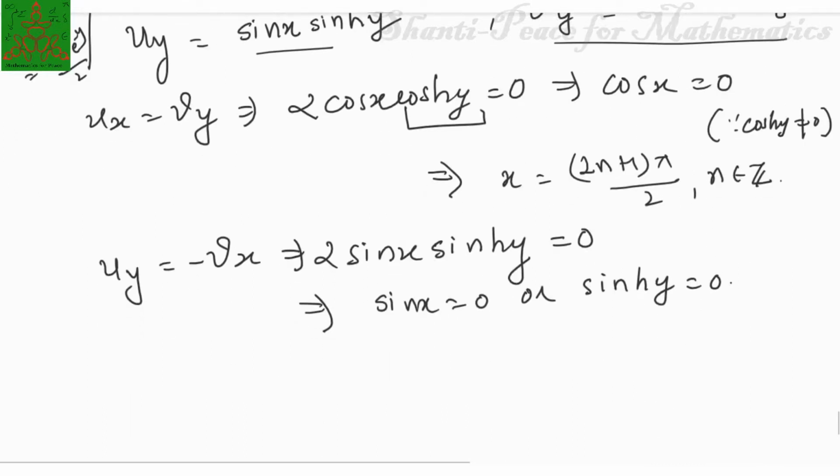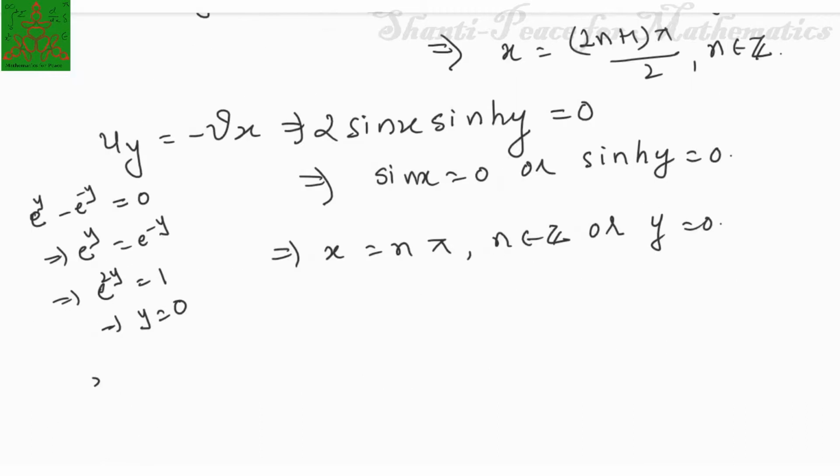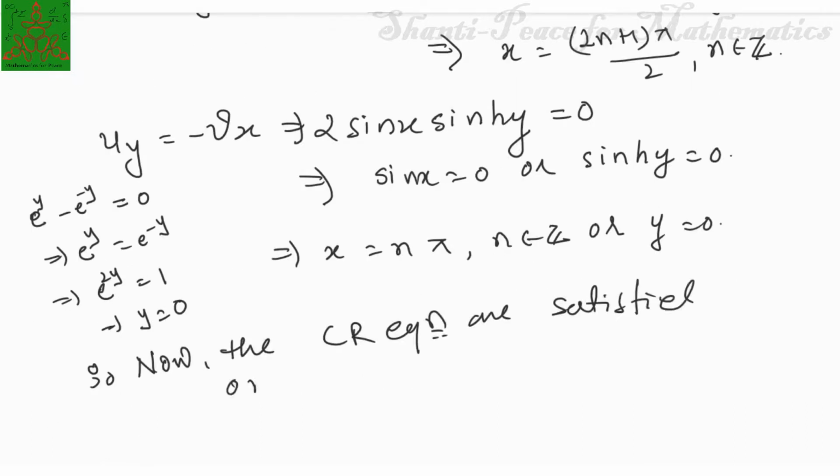So x is equal to n pi, n belongs to Z, or sine hyperbolic of y is 0, that is e raised to y minus e raised to minus y equal to 0. That implies e raised to y is equal to e raised to minus y, so e raised to 2y is 1, so y is 0. Now the CR equations are satisfied on the set intersection with this set.